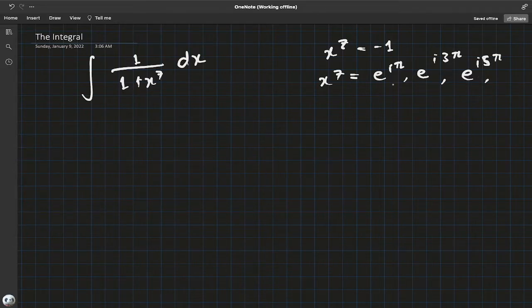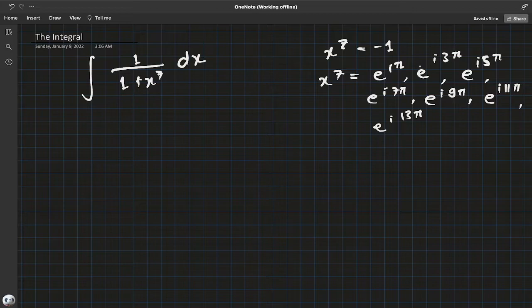So 1, 2, 3, 4, 5, 6, and the last one 7. All I've done is add 2 pi to each of them, which means you keep on rotating in the complex plane.